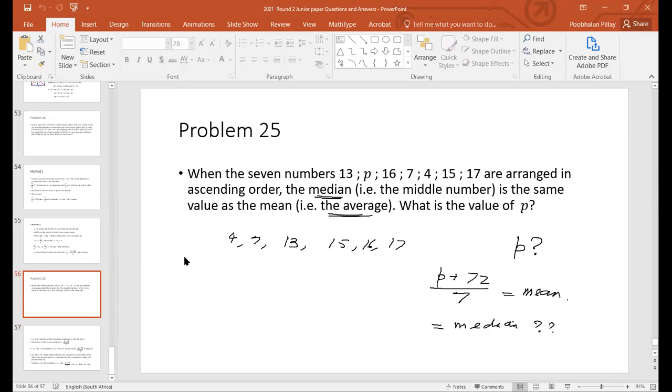Let's take P to be less than or equal to 15, and try to logically see what happens. Now, suppose P is less than or equal to 15. So in other words, P is somewhere on this side.